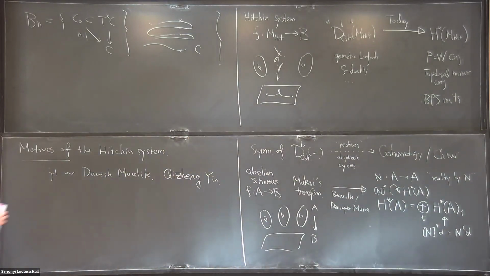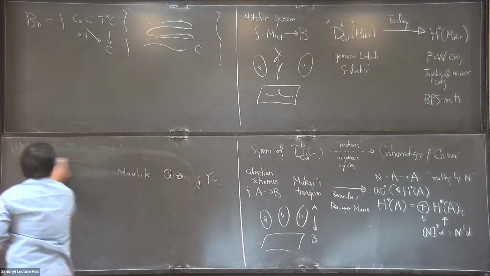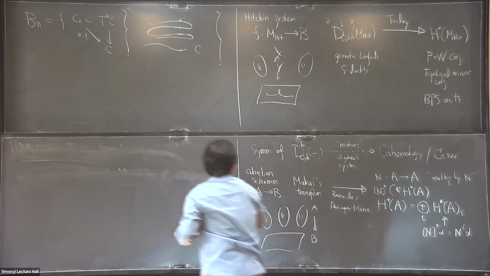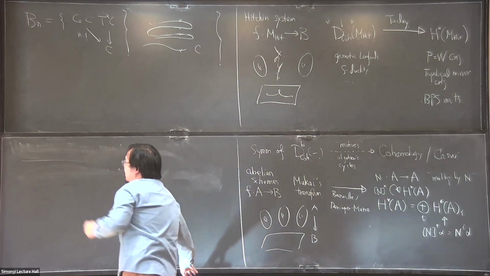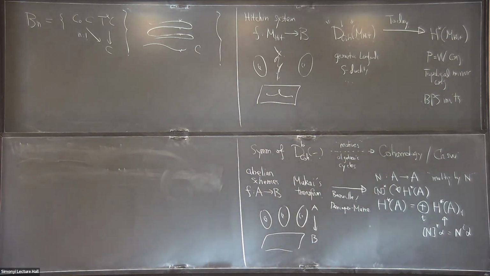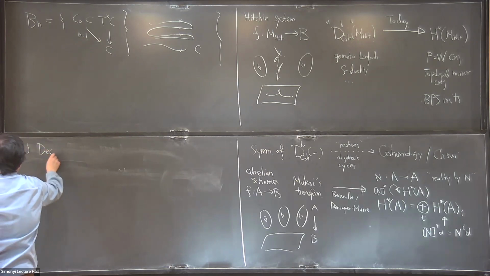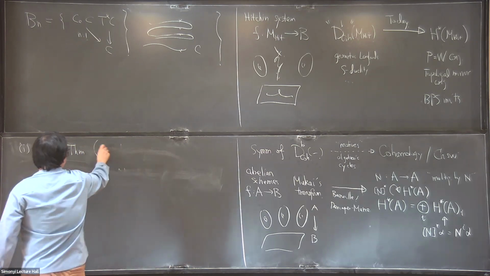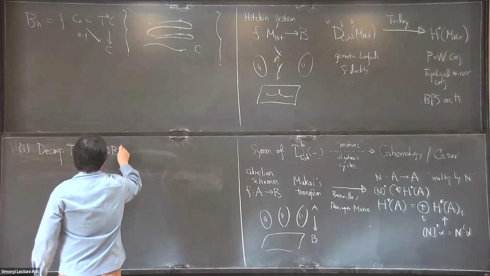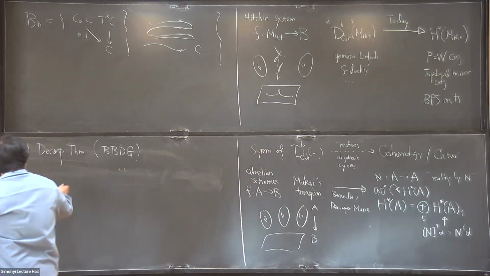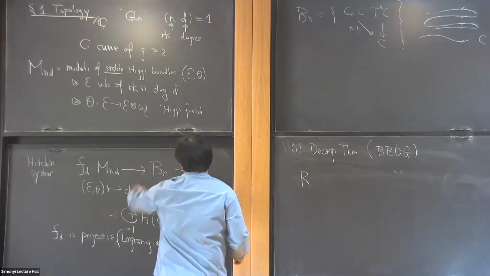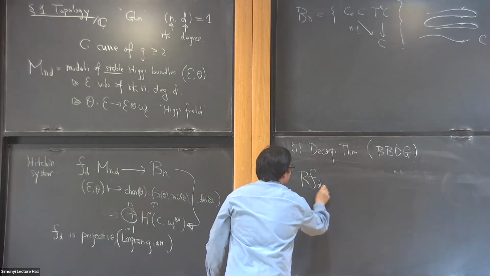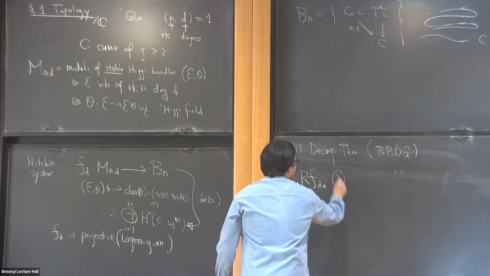Okay, so I want to describe first the three theorems concerning the relative homology of FD. The first, of course, is the decomposition theorem by Beilinson, Bernstein, Deligne and Gabber, which tells us that the relative homology is just the push forward of the constant sheaf upstairs.